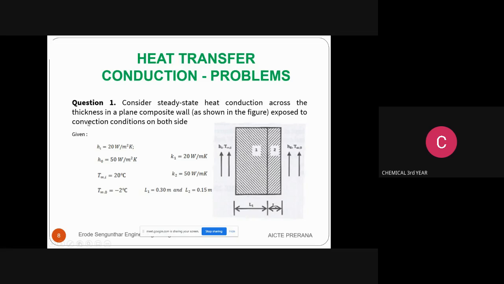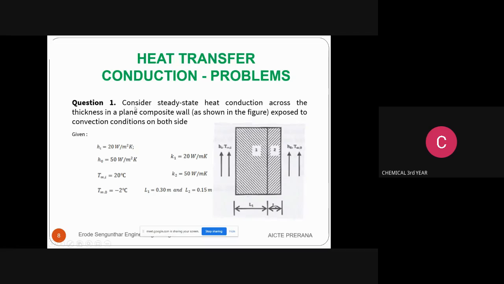Why have they mentioned convection here? Outside we have fluid motion only. But what they are asking is inside the system, which is conduction. For convection we have one more formula, Newton's law of cooling, which gives Q is equal to hA into delta T. The same thing we will use here.